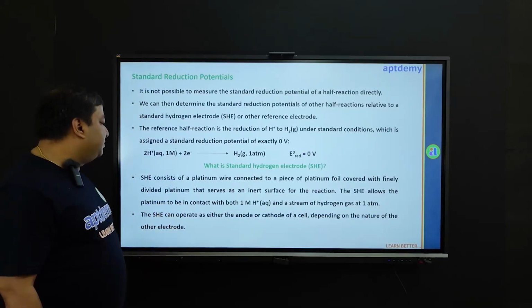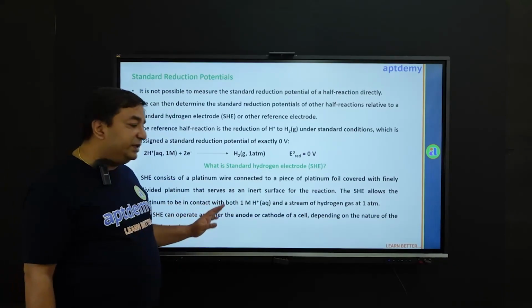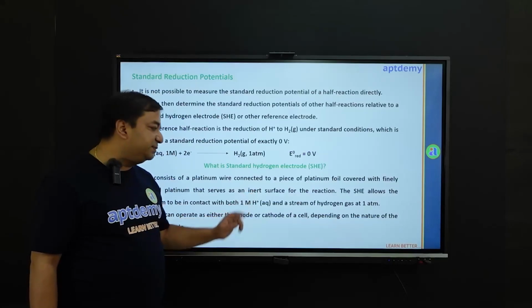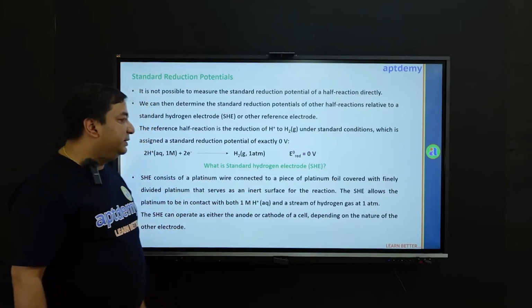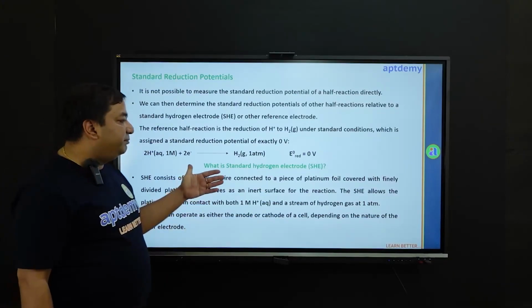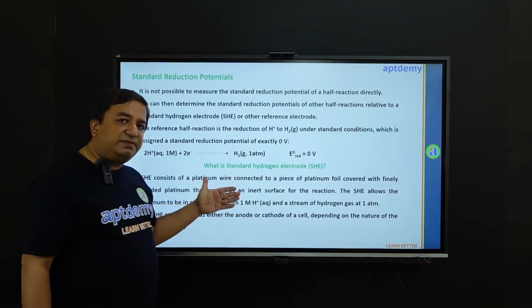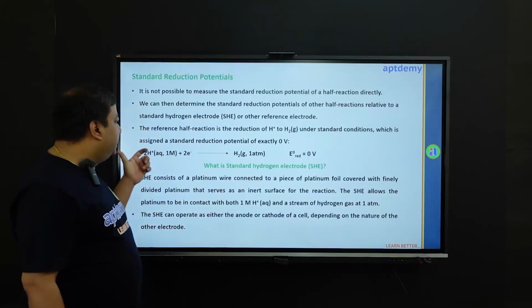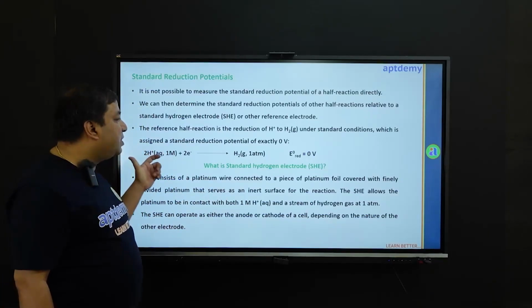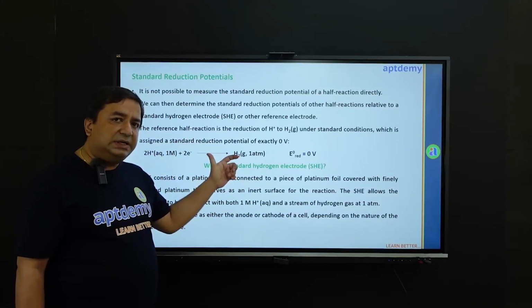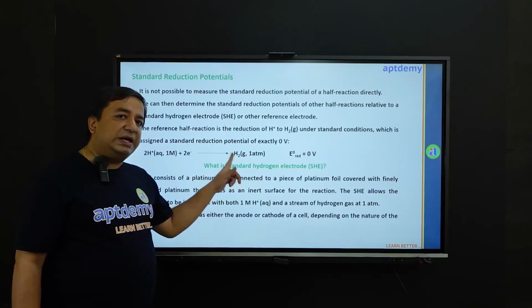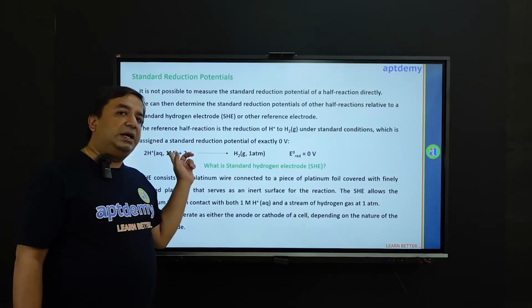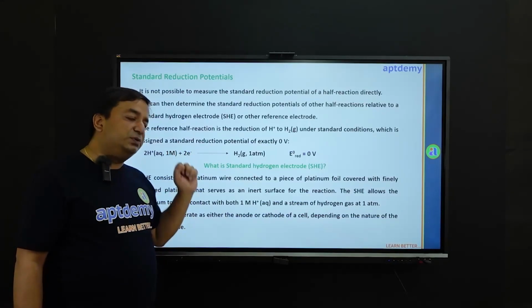The SHE allows the platinum to come in contact with both the 1 molar H plus and the stream of hydrogen gas. So the platinum black is the surface at which the reduction of the proton to hydrogen gas takes place. The reverse can also happen, that this H2 can get oxidized to 2H plus, releasing 2 electrons.